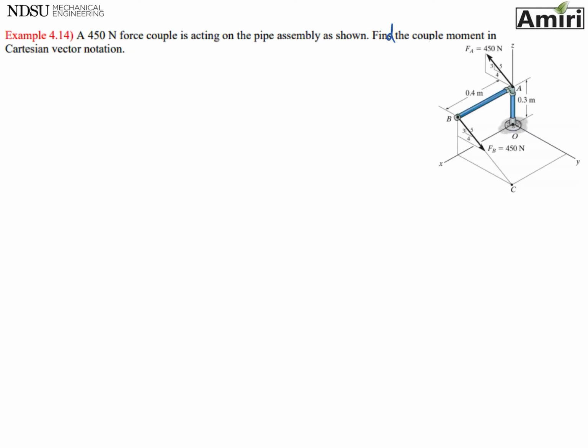Okay, so for problems like this, we have to use moment of a couple in vector format. If you remember the equation, moment of a couple is r cross F. This is a vector, and it's moment of a couple.